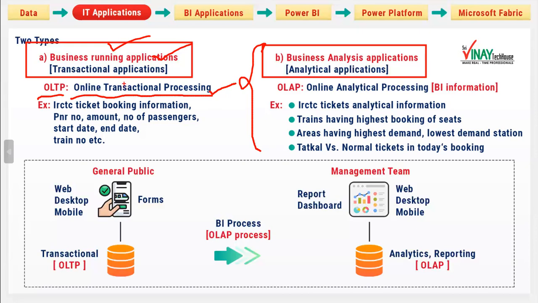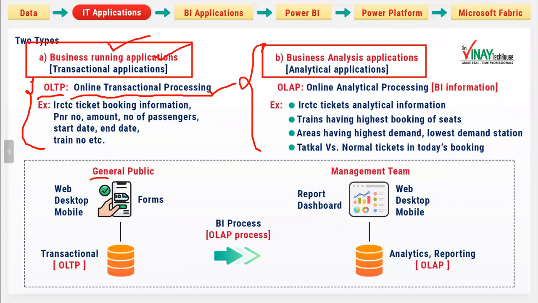When you send money to somebody, you get a message, transaction successful. When you book a train ticket, you get the same message. All of these come under OLTP applications. Whatever applications provide transaction success or failure come under OLTP, online transaction processing.